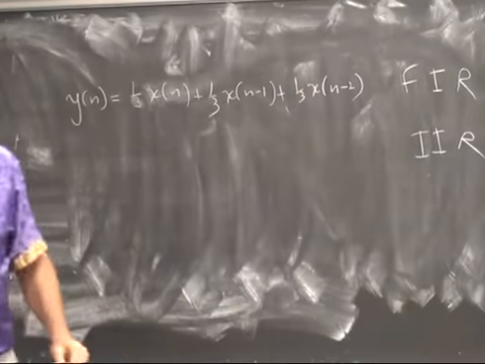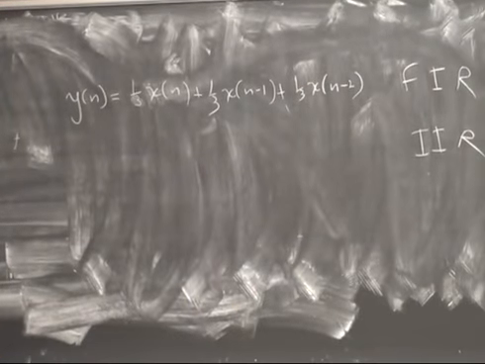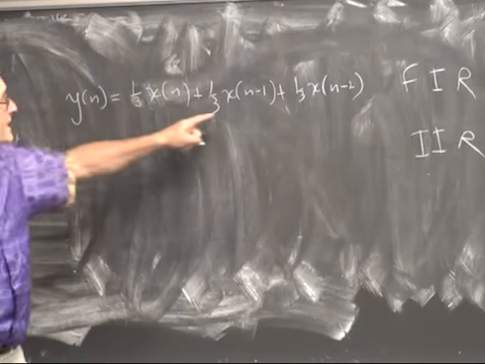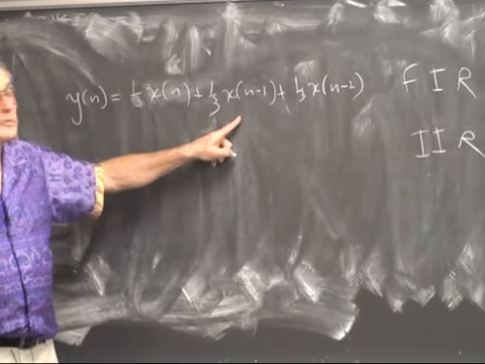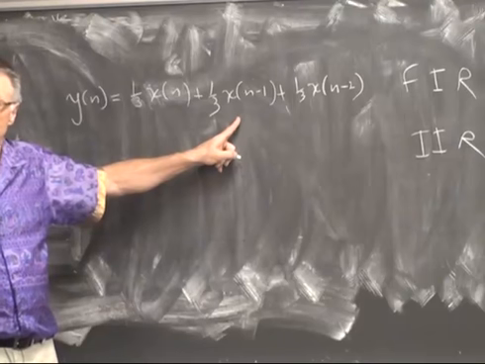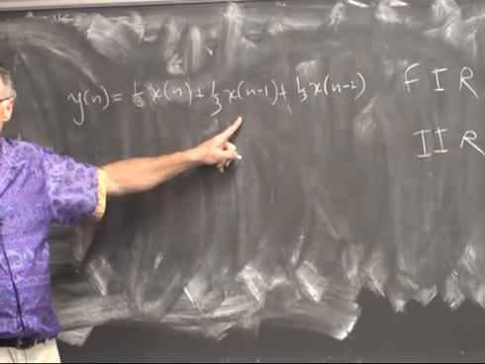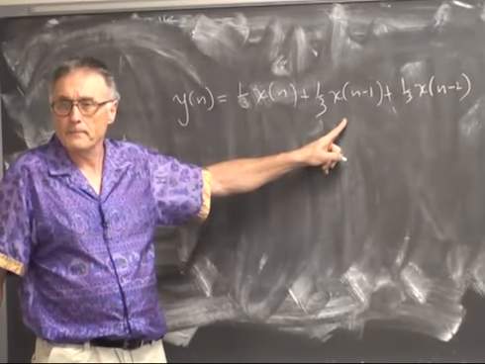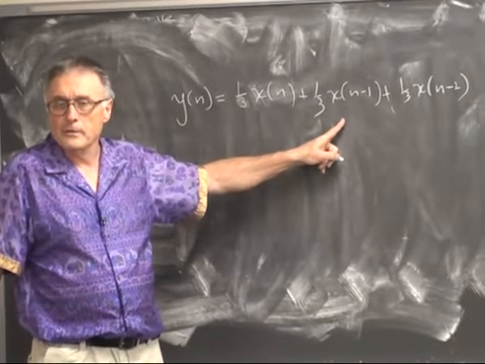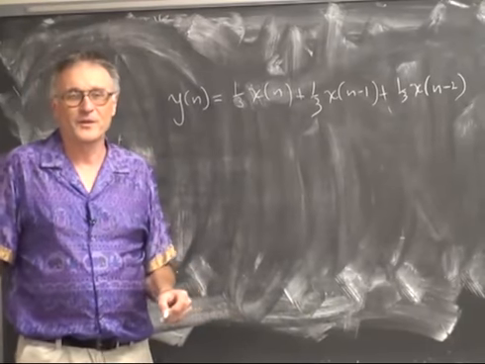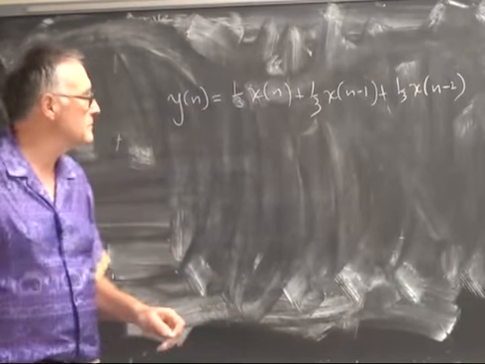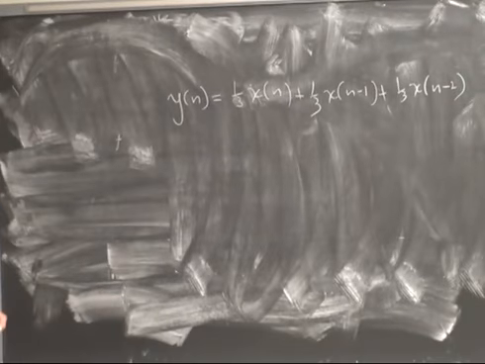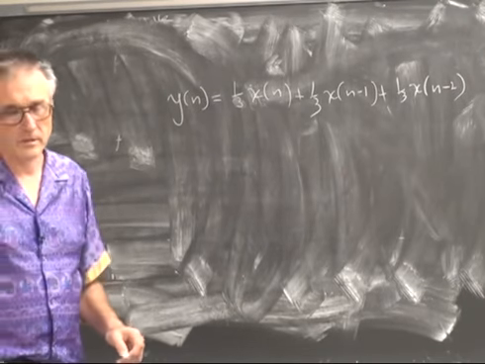That's a perfectly good filter. It averages together 3 samples in a row. So you'd guess it is a low-pass filter because fast changes are going to be smeared. Right? But it's a lousy low-pass filter. But it's used everywhere. Doesn't mean it's good. It just means it's used everywhere.